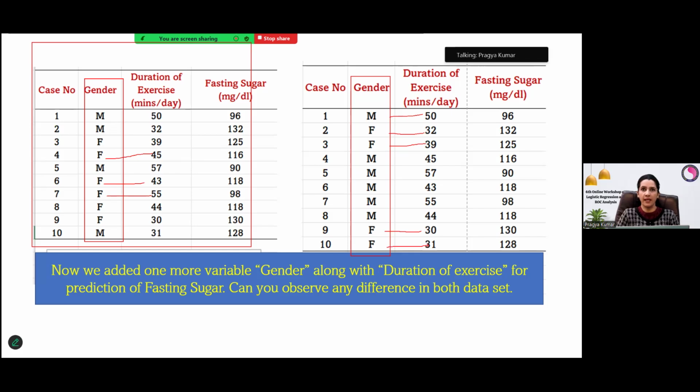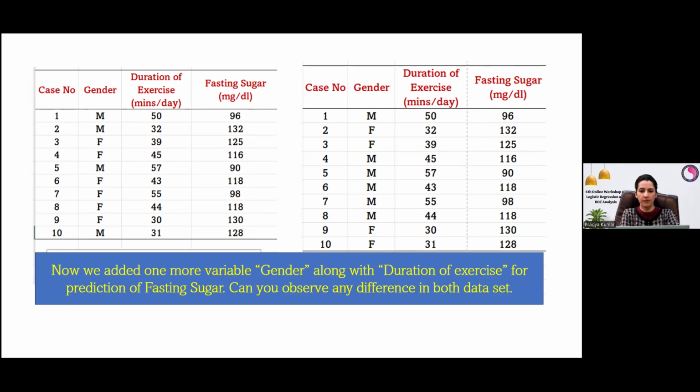So all men are exercising for 50 minutes or more, except a few, and the women generally exercise less. But if you see the blood sugar, yes, there is a variable level of blood sugar in all these data sets. So now we have to see the relationship between gender and exercise. Is there any relationship between gender and exercise or not? And that we call an interaction term, which we will see later.